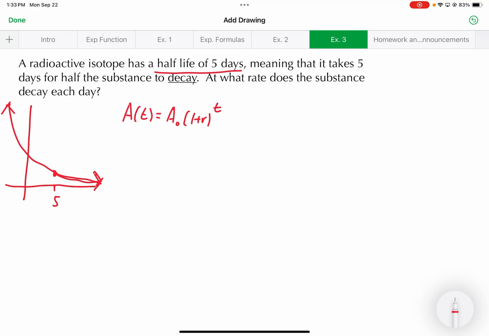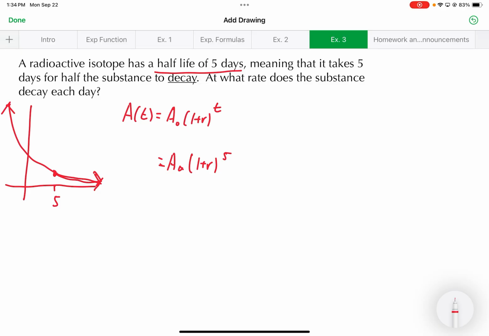I don't know what A(t) is, and I don't know what A_0 is, but I can come up with an expression. I don't know my starting amount, so I'll leave that as A_0 times (1 + r). And what's my time step in this case? 5 days. What would my A(t) value be?